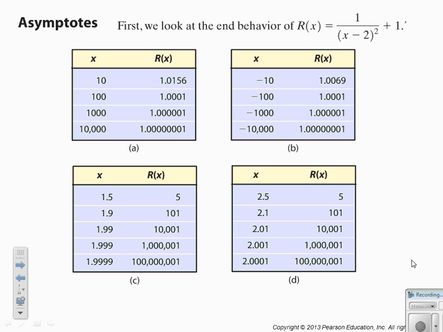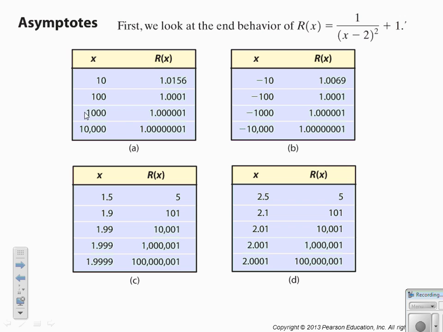All right, so to find asymptotes, we are going to look at the end behavior of our function. Don't write anything down, we're just looking. We look at 1 over x minus 2 squared plus 1, and what happens when we put really big numbers in for x.